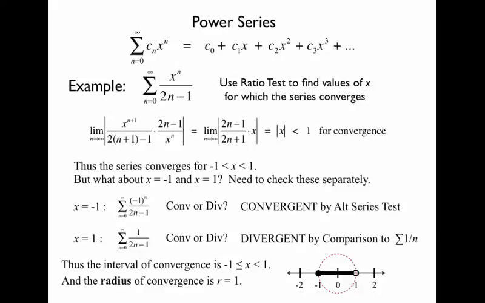Your interval will be centered on some value, and the distance from that center value out to the end is what's called the radius of convergence.